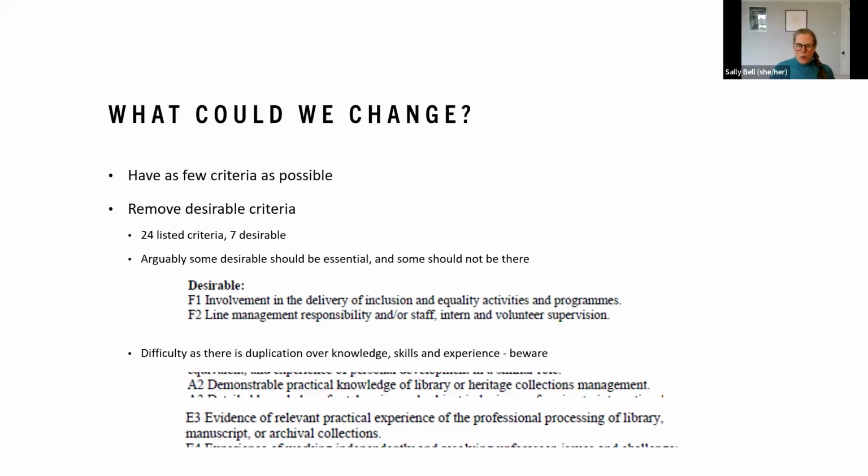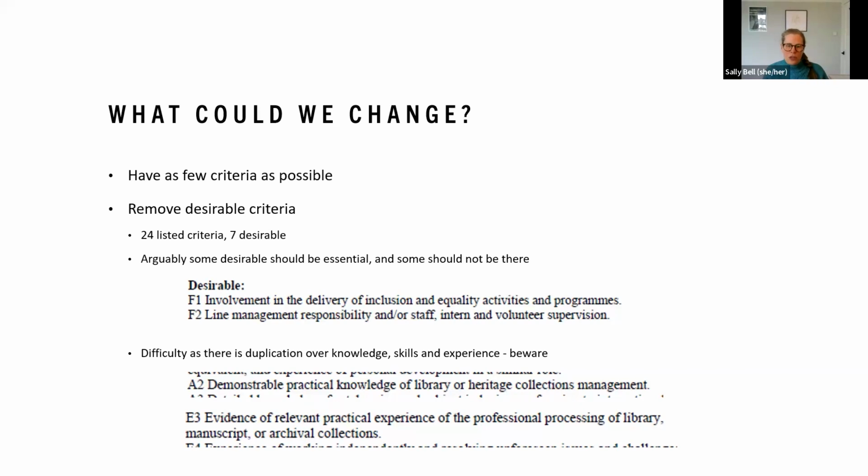That made me aware of the duplication over knowledge, skills and experience. And actually, some of the essential criteria that we had were kind of just asking for the same thing in a different way, which, again, thinking from the perspective of an applicant, almost feels like some sort of trap.